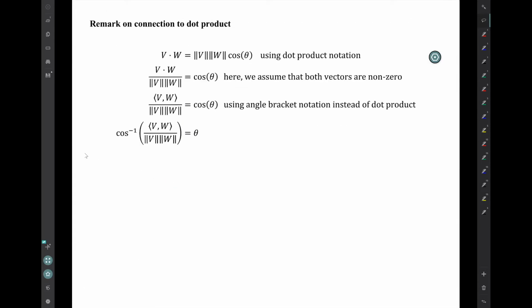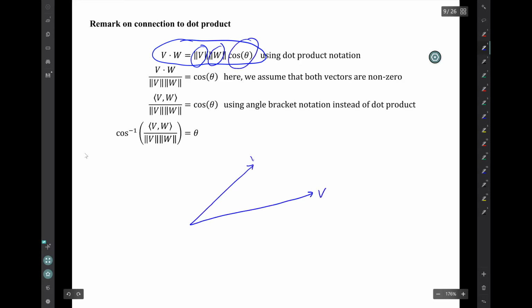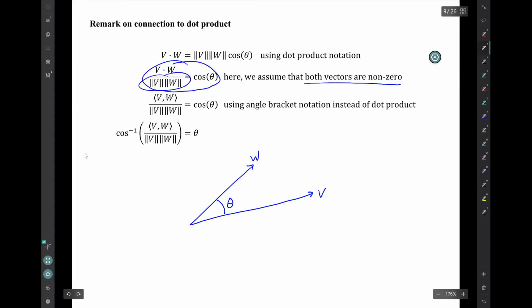I want to remark briefly on the connection to the dot product. In previous courses, you might have seen expressions like this, that v dot w equals the norm of v times the norm of w times the cosine of the angle between them. Well, if we take that equation and divide by that product of those two norms, we get this new equation. Now here we have to assume that both vectors are non-zero, because you can't divide by 0.